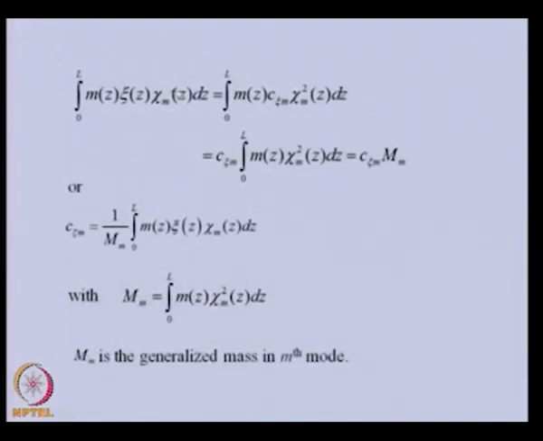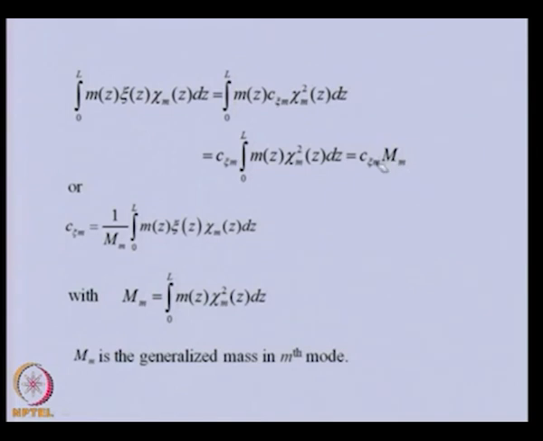So this equation is as it is, but now you can see that for n equal to m, only that term is there and the remaining terms are 0. Because this is a constant, it will come out, and this quantity we defined as the modal or generalized mass.